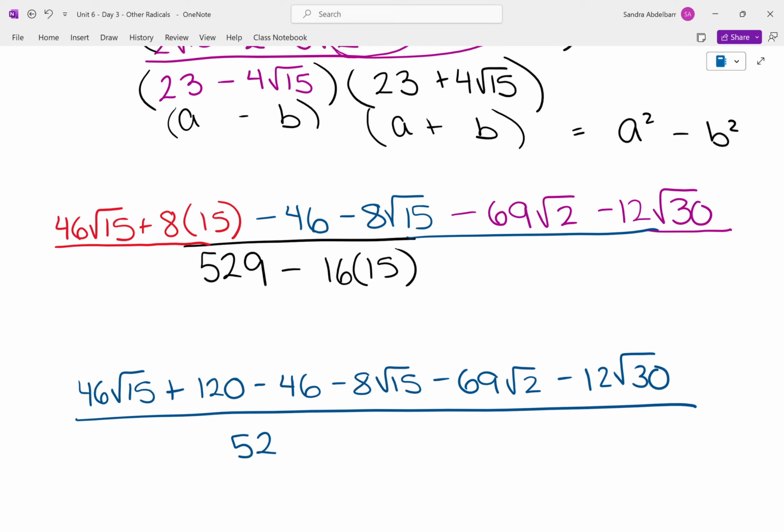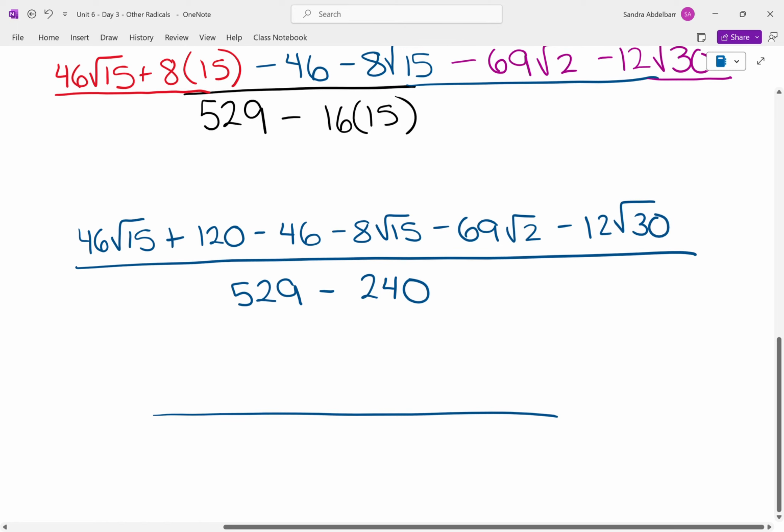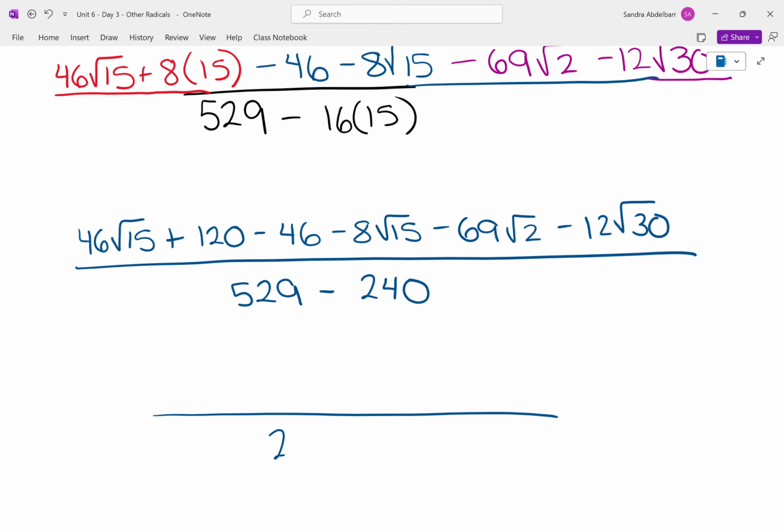And in our denominator, we're going to have 529 minus 240. 529 minus 240 is going to give us 289.